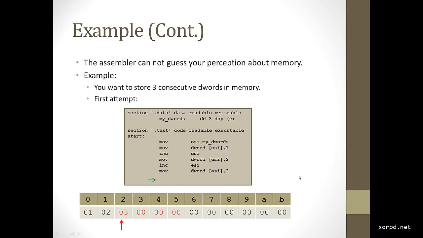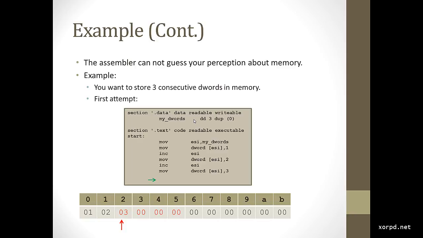The problem here was that we thought about MyDwords as an array of 3 elements. This is how a human being sees it. A human being would say, MyDwords is an array of 3 dwords, which contains 3 dwords of value 0. The first one is 0, second is 0, third one is 0.